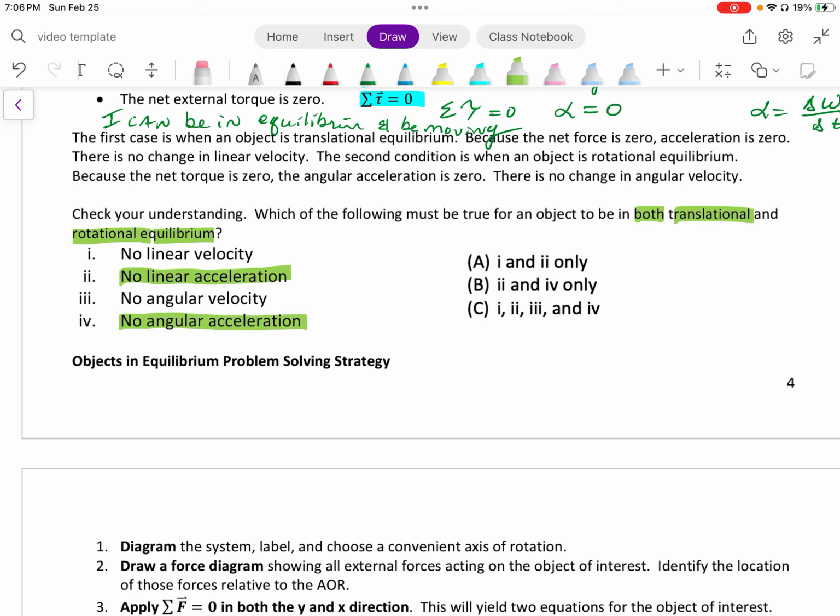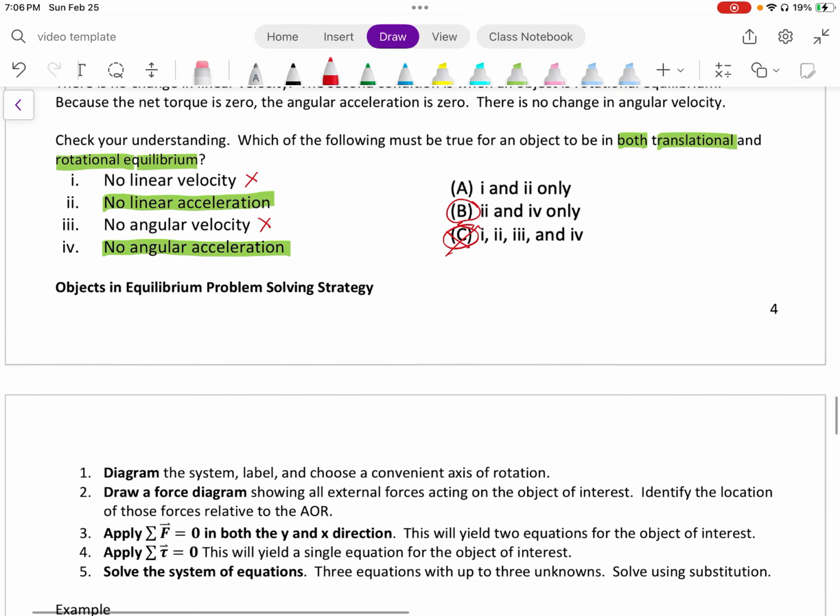But a lot of people will select that there must be no velocity and no angular velocity, and say that it is all of them. That is not true. If there's 0 acceleration, that just means my velocity isn't changing. Doesn't mean I don't have a velocity. So the answer for that would be B.